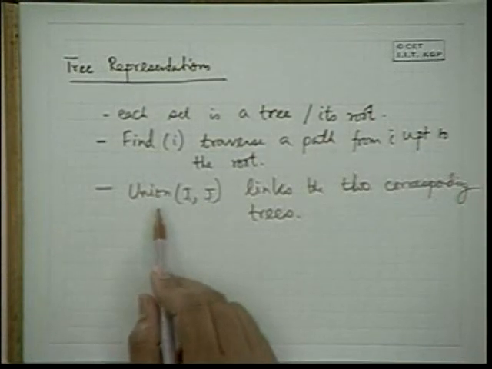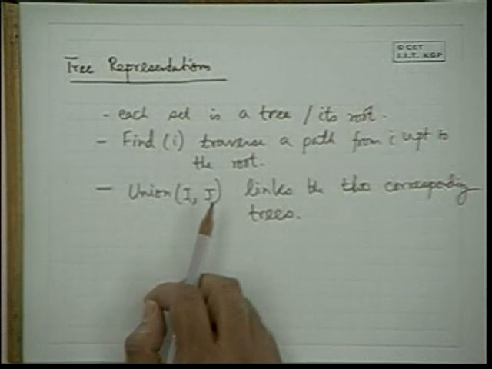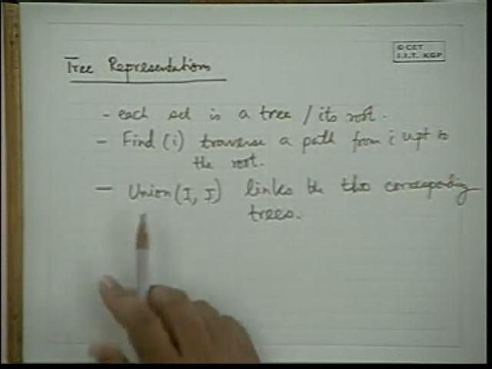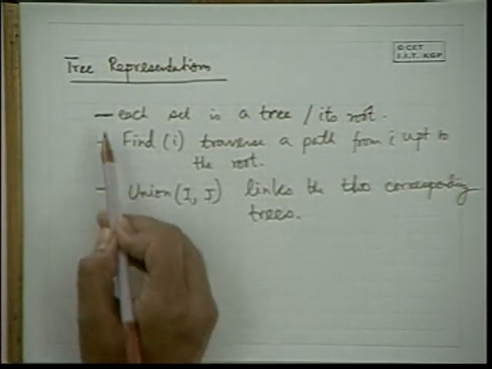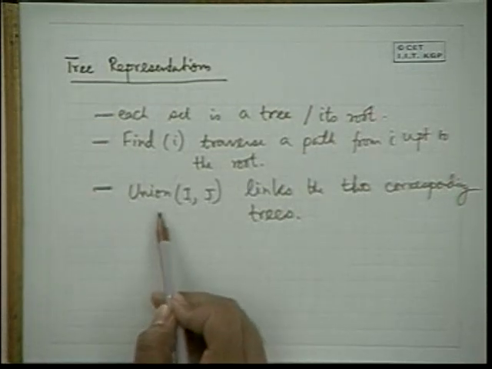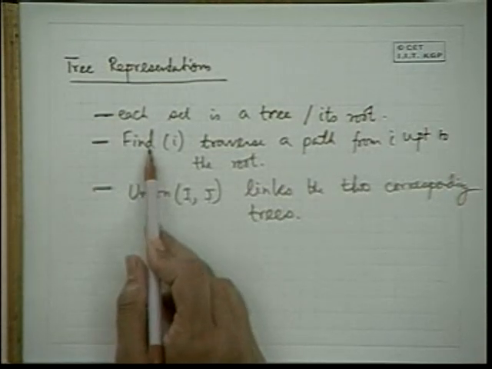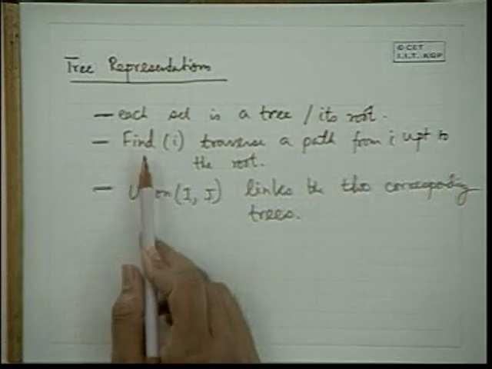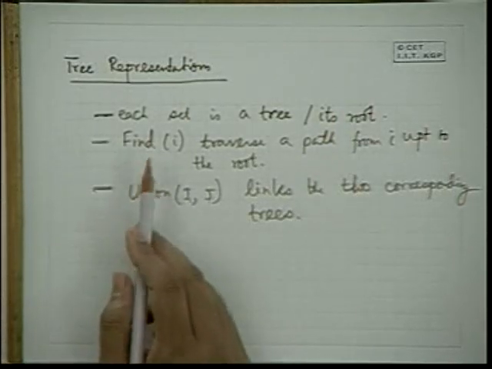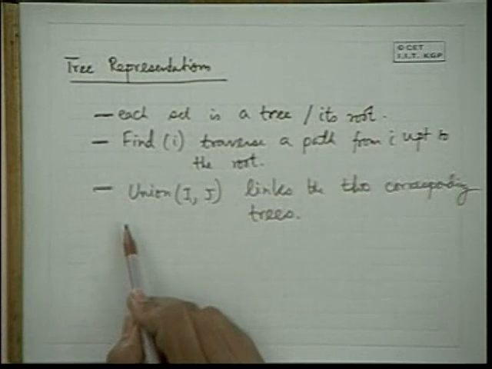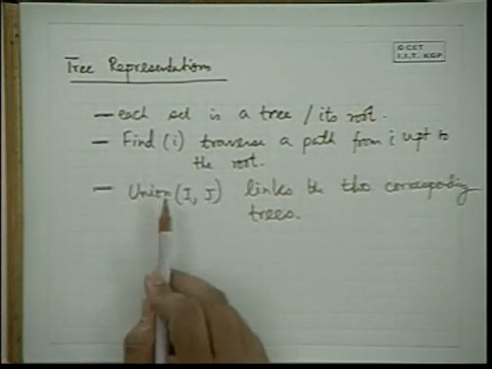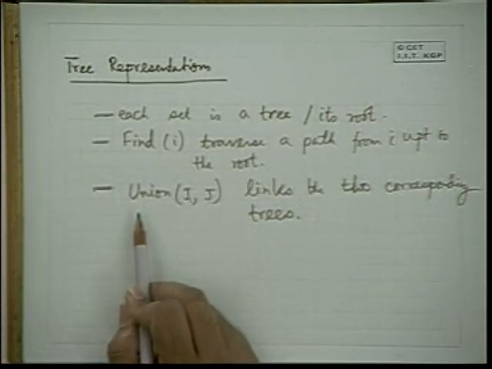So union ij will be just linking these two roots into a single one. Now if you see with this representation, union is constant time, but the find will take time because we have to traverse up the tree, and it depends on the depth of the tree, and we will see how to maintain this depth of the tree to be log n.